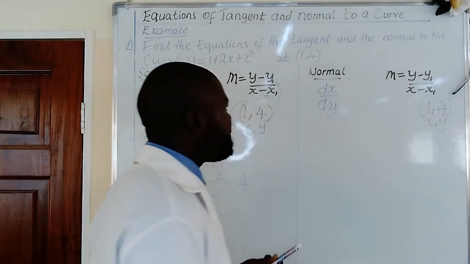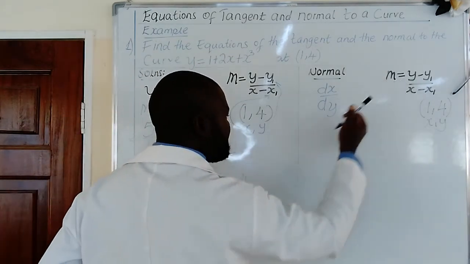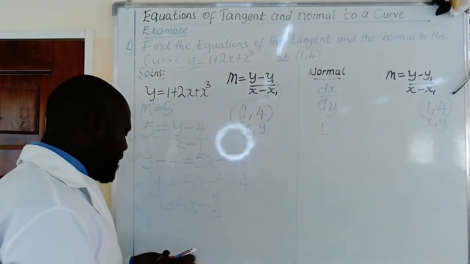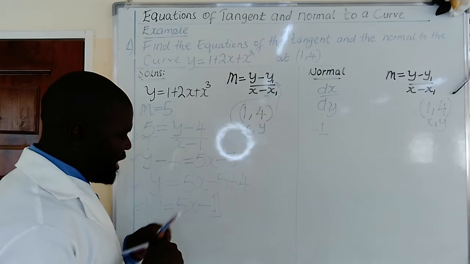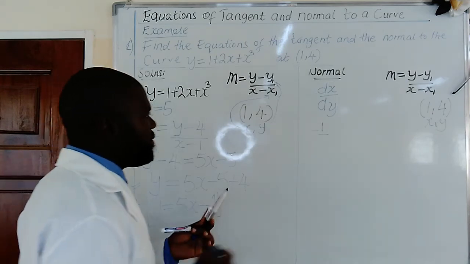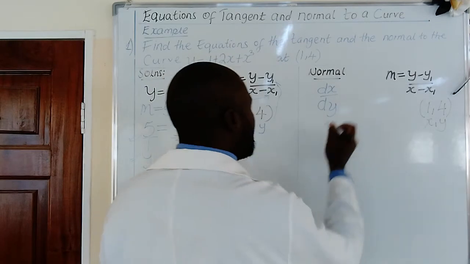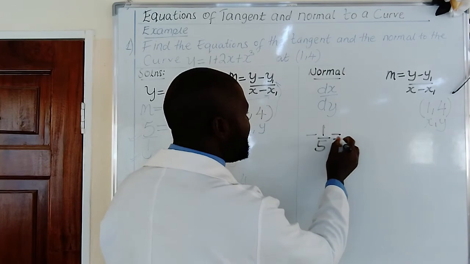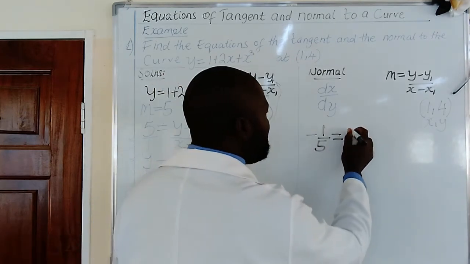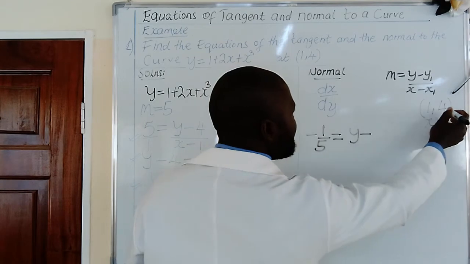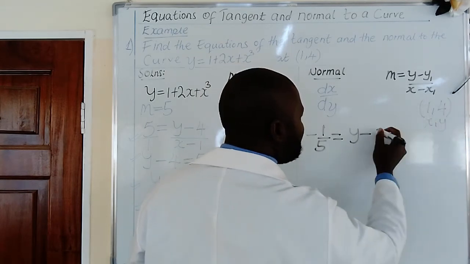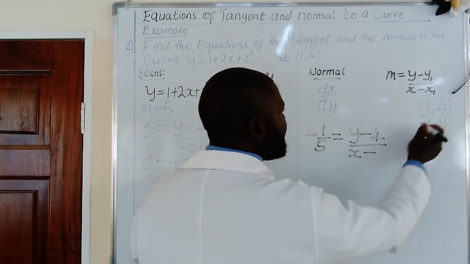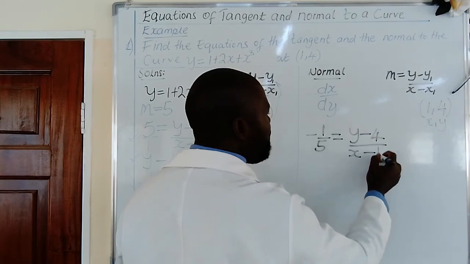We shall say the formula m, now m in our case is -1/5. So where we are told m, we shall have -1/5 is equal to y minus y1, so y1 is 4, over x minus x1, x1 is 1.